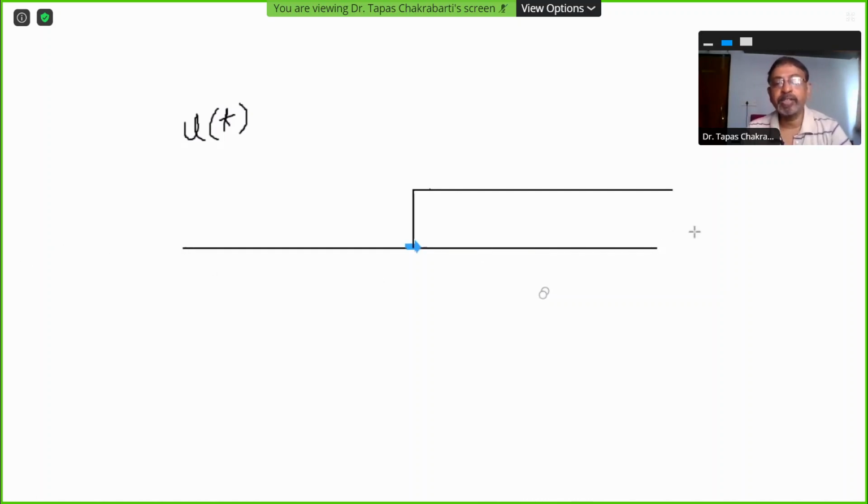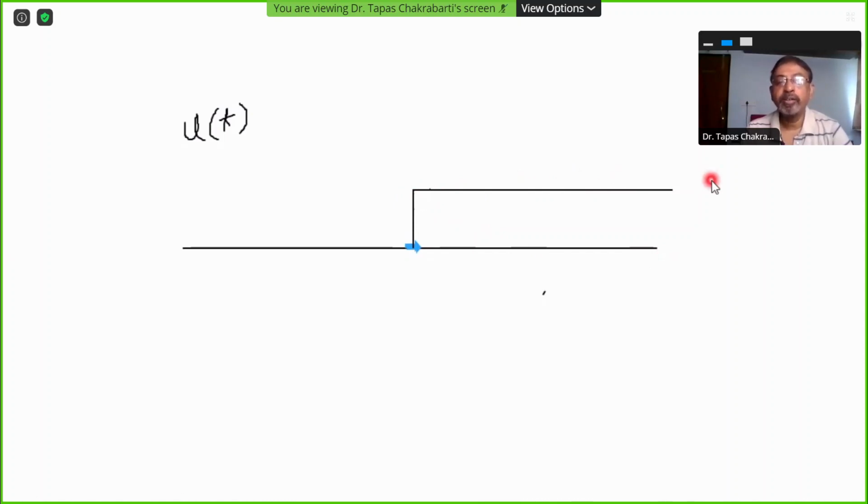This is your time axis, and at the point 0, from here the amplitude is 1, and if it goes to the future, that is the plus side, up to infinity, the value of this signal will be 1.